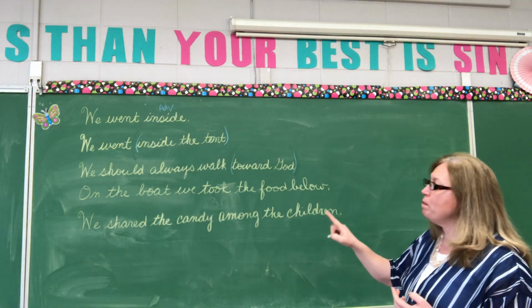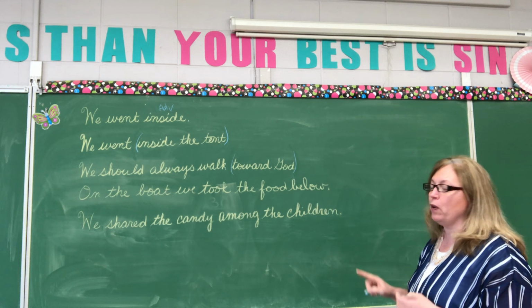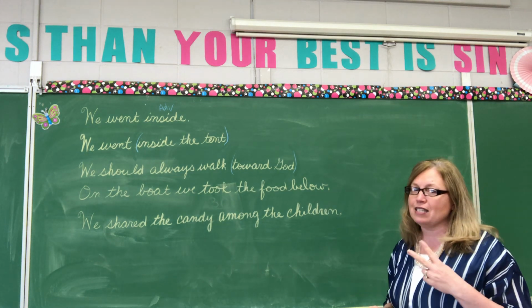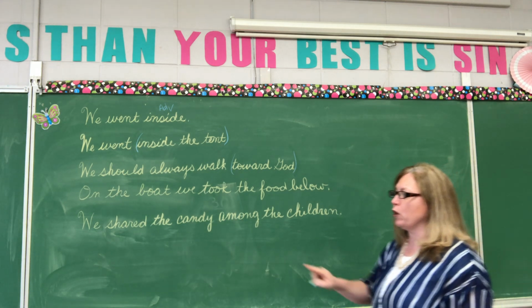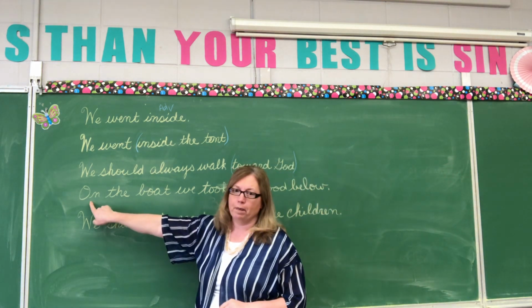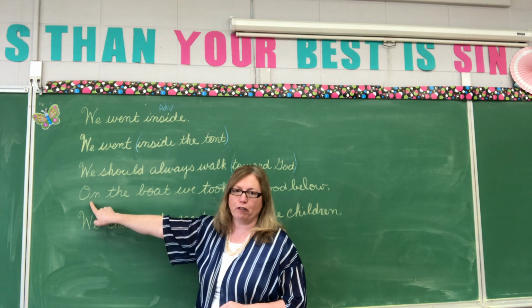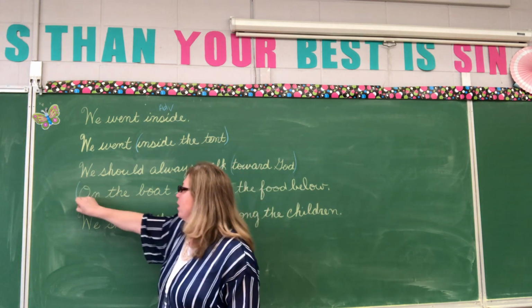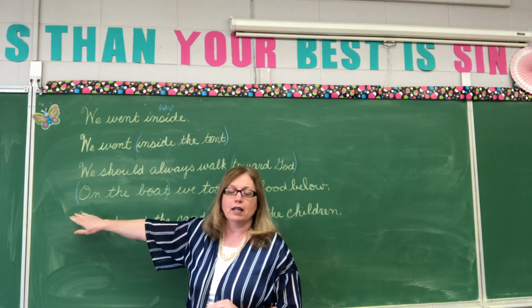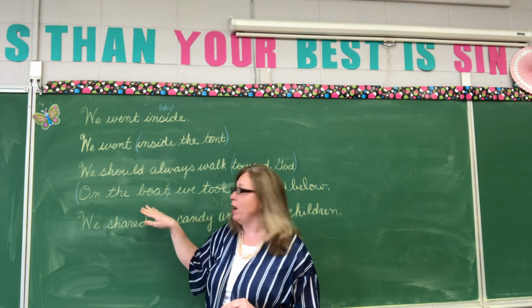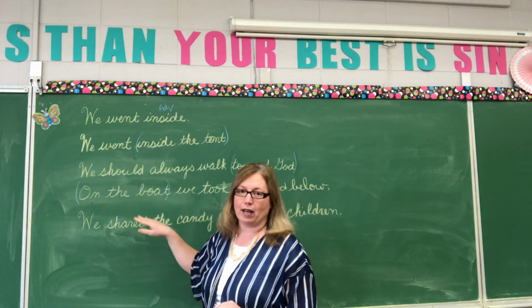Okay? On the boat, we took the food below. There are two words in this sentence that may be a preposition. The first one is the word on. Okay? Is there a prepositional phrase? On the boat. Since on the boat is a prepositional phrase, the word on is the preposition and the word boat is my object.